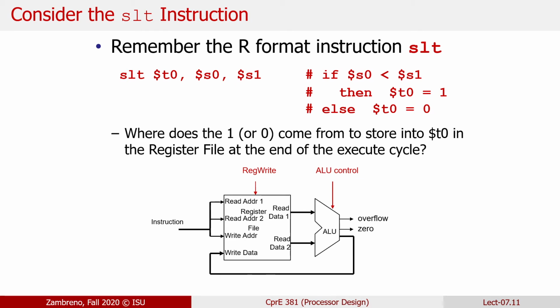So although set less than seems intuitively a lot different than an add or an or operation, it's exactly the same. It's just a different ALU control that tells it to take the less result versus any other result. And we're writing that back to the register file like it was any other type of R-type instruction.